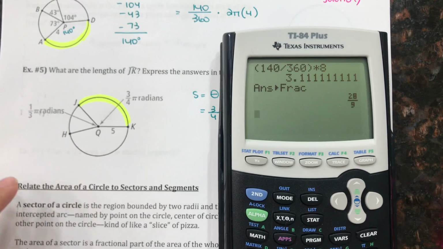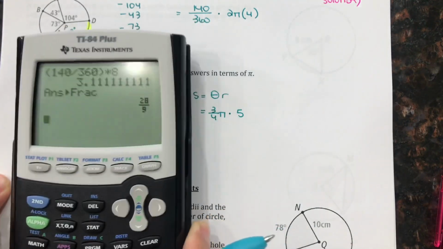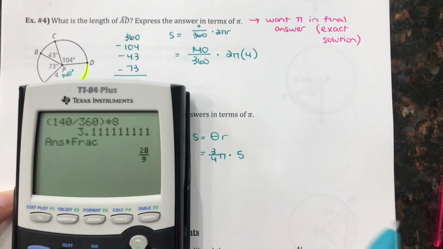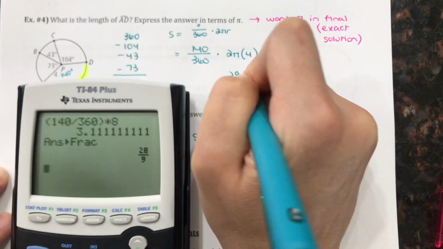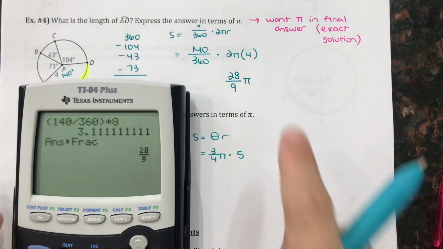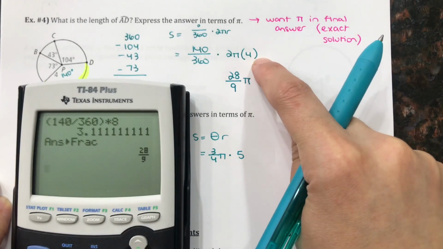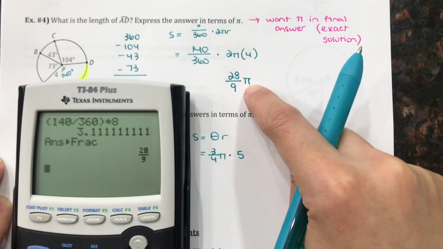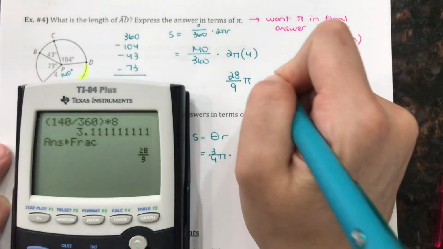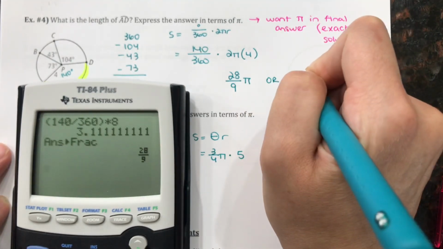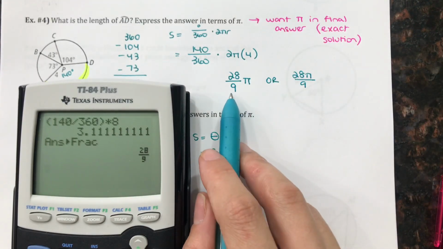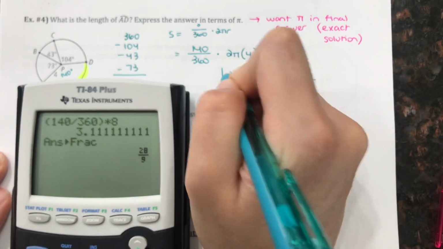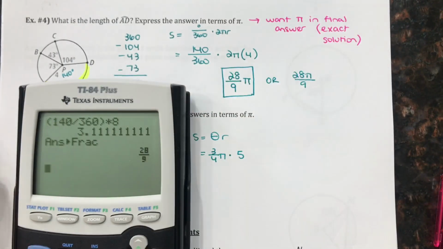My final answer is going to be 28 over 9 times pi, because remember we hadn't done anything with the pi in the previous step, so I need to bring it along. Another way that you can write this is 28 pi over 9. It's okay to put it on top. Usually I'll write it like this. So that is the length of arc AD.